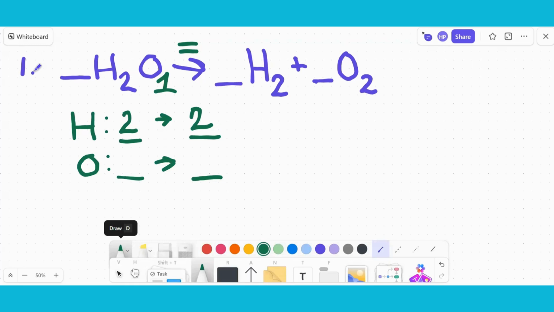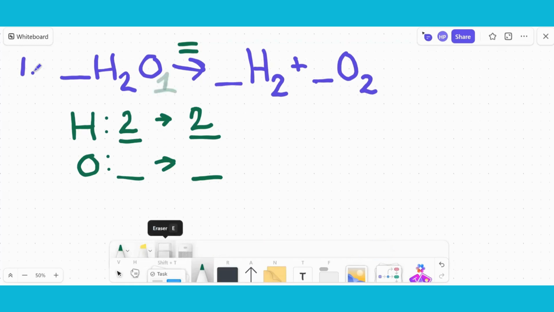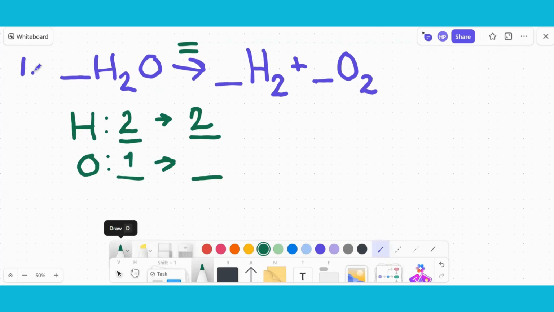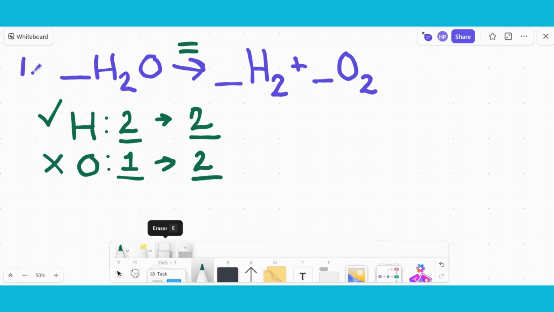So you won't see that 1 there, but you just have to believe it's there. And it is. So on the left side, there's 1 oxygen. On the right side, there are 2. So you'll see right now our hydrogen is balanced, but our oxygen is not, which means we need to balance this equation.